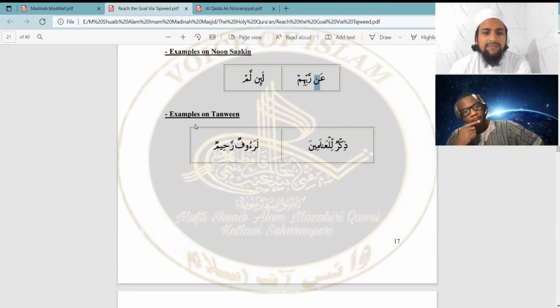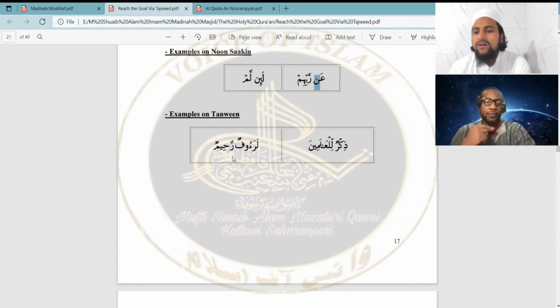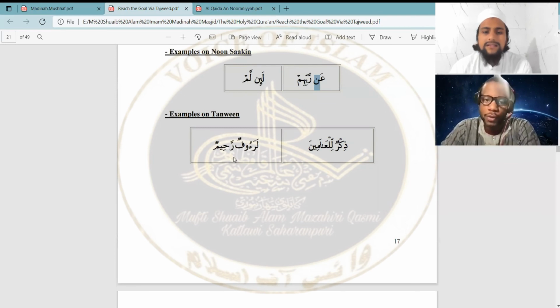And let's take the examples on tanween. So this is dhikrul lil, not dhikrun lil, dhikrul lil alameen. La ra'ufur rahim, not la ra'ufun rahim. La ra'ufur rahim.